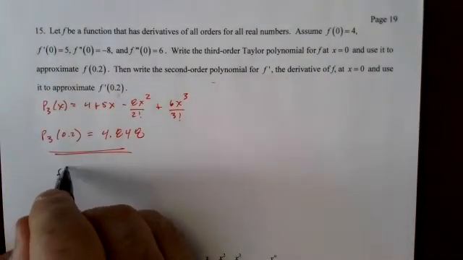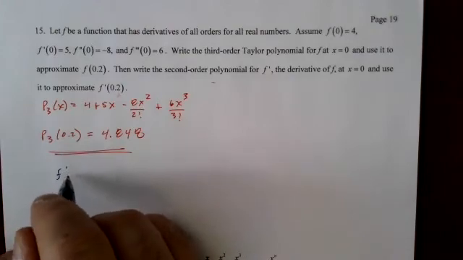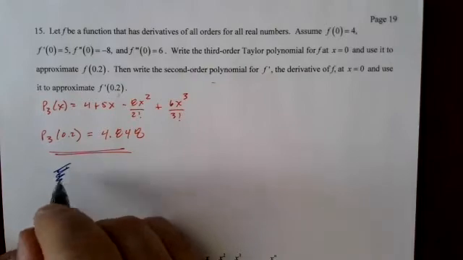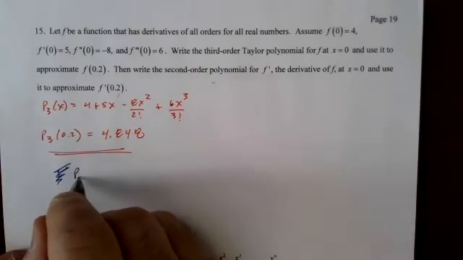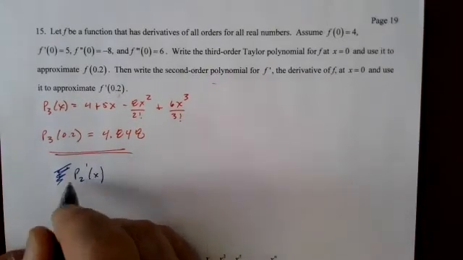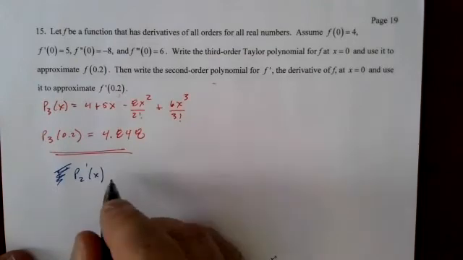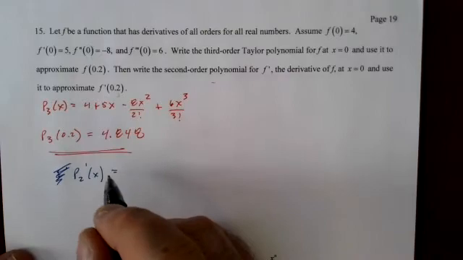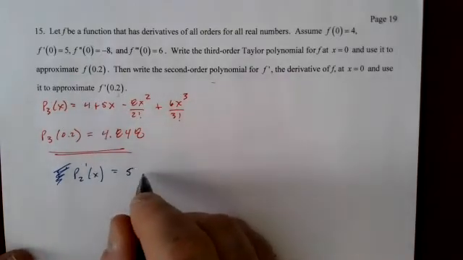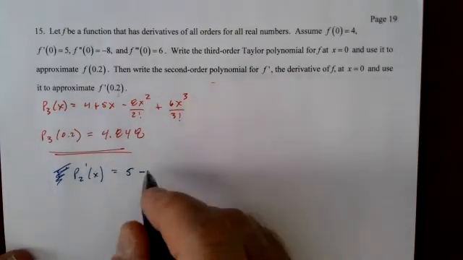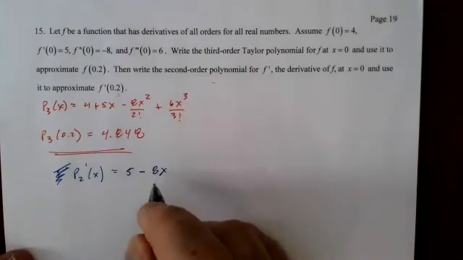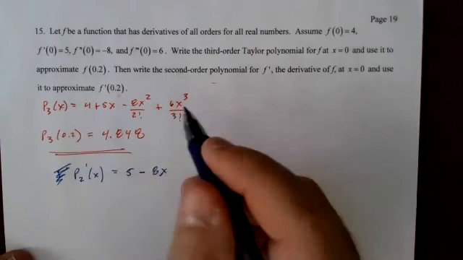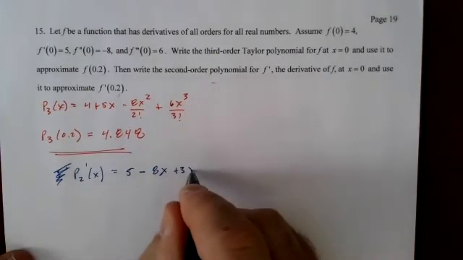So P prime of x, I think would be a more accurate way to write it, even though I really don't like it, would be 5 minus 8x, the 2's cancel, 3 cancels these 2 and leaves 3, plus 3x squared.